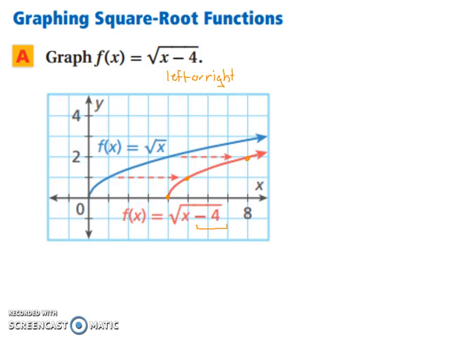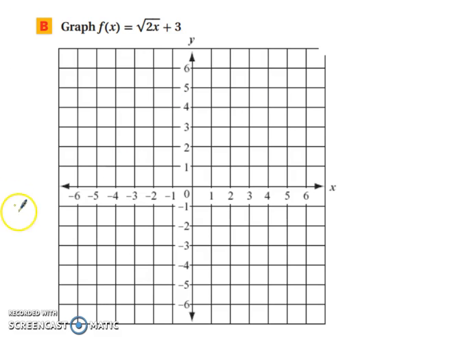But what happens when you have something that's being multiplied within this? So we have the square root of 2 times x, and then we're adding 3. When this happens, I suggest making an xy table, plotting those points, and then making your graph.